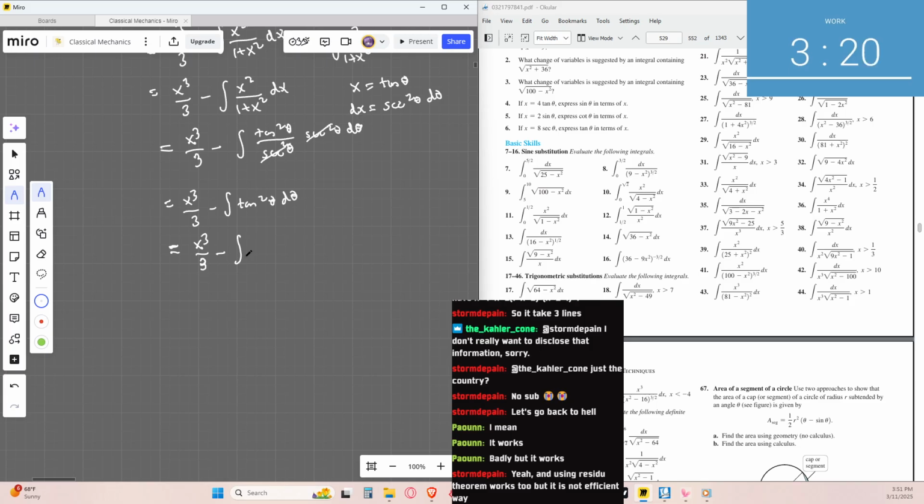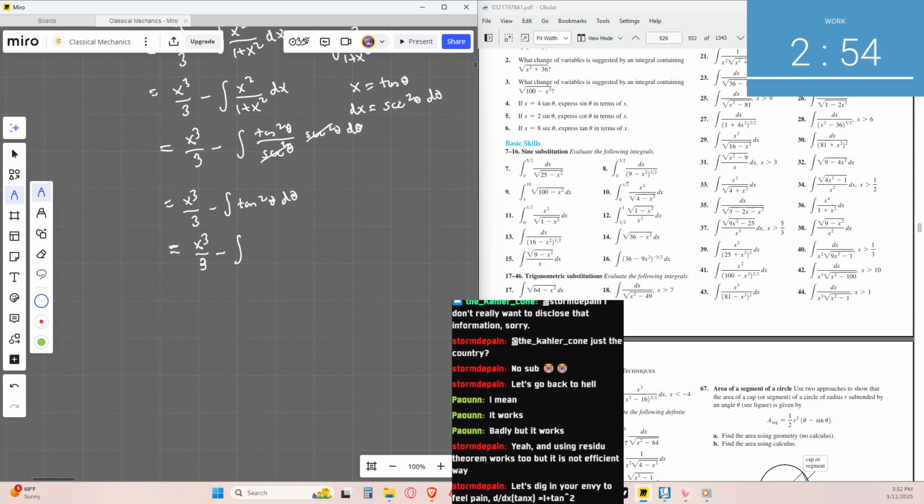Let's see, using residue theorem works too, but it's not an efficient way. Right, yeah.